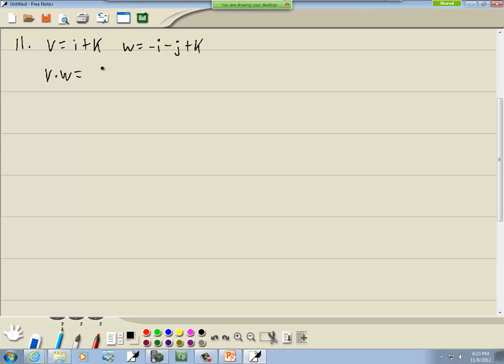We'll multiply the numbers before the i's. So we got a 1 here, we got a negative 1 there. Then we'll multiply the numbers before the j's. There is no j on this one, so that's 0. And the number before this j is negative 1. And then the number before our k's. So we got 1 times 1. So that's our i's. This is our j's. And this is our k's.